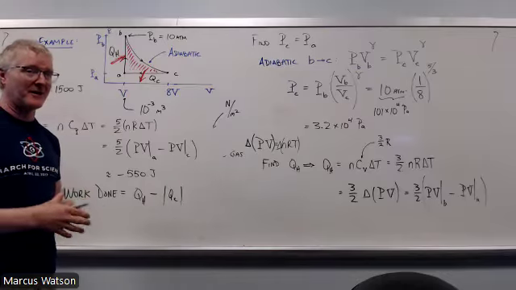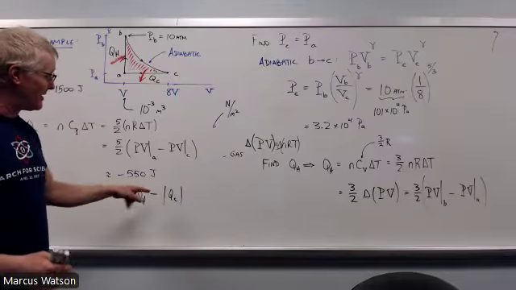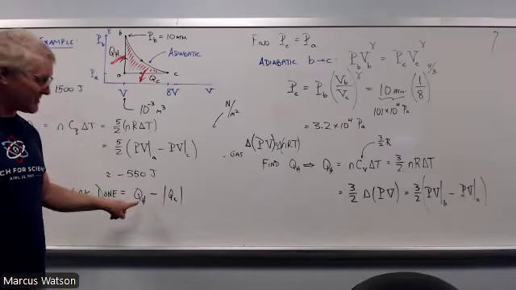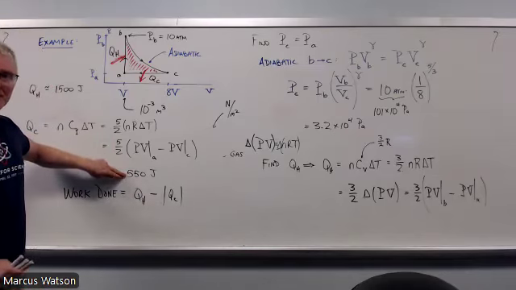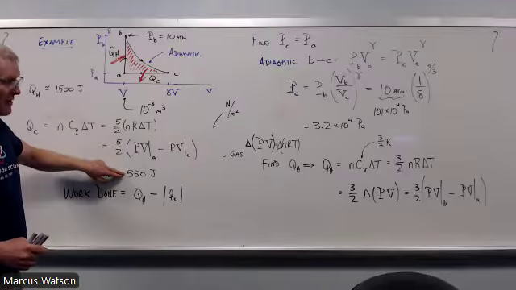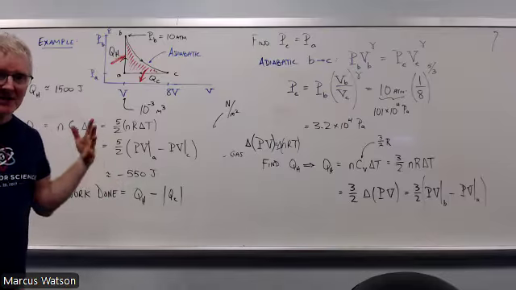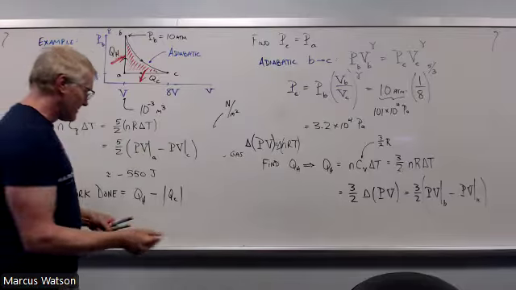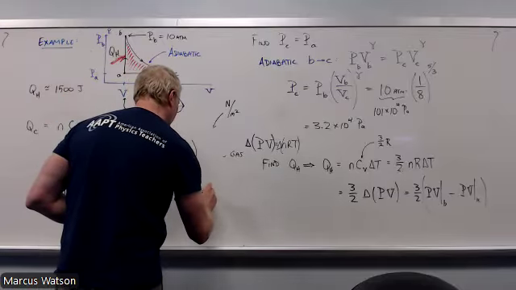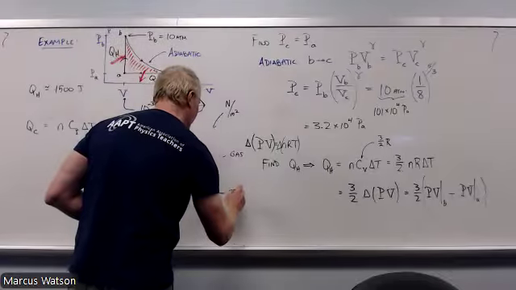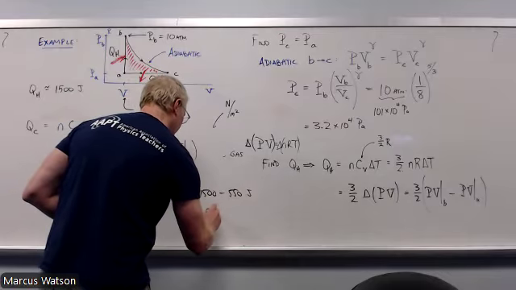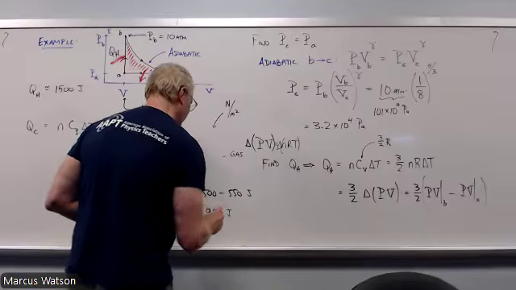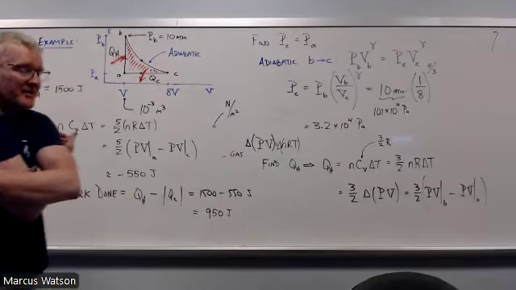If you don't want to put it there, that's fine, but just don't screw it up. You need to make sure that it's basically this number minus that number. How much went in, how much came out, right? This negative only tells you it's leaving. So this should be 1500 minus 550, which, unless I'm very much mistaken, is 950 joules. And that's the work done by the cycle.